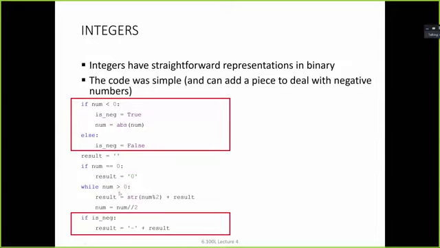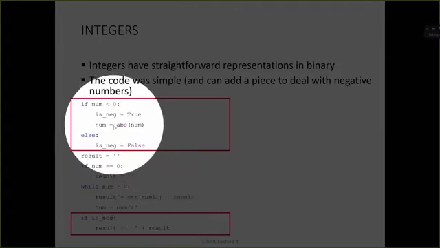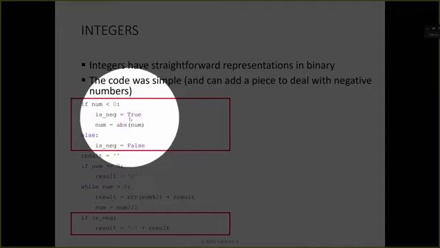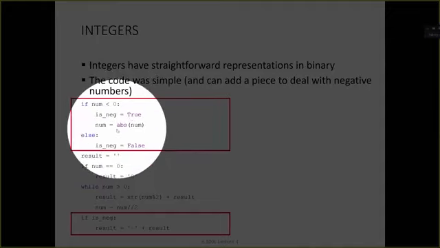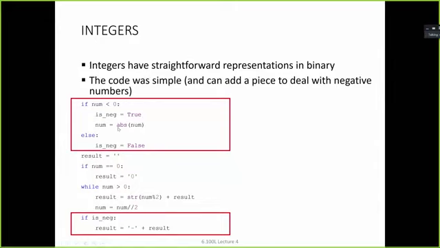The parts that are in red boxes are us dealing with a negative number. So if the user wanted to convert negative 19 to a binary representation, this if-else up here says, is the number less than 0? If yes, let's set a negative flag to true. And let's just assume the user gave us a positive number.